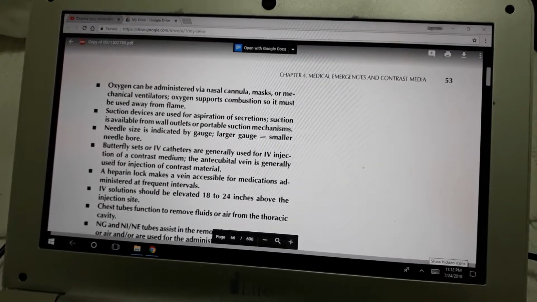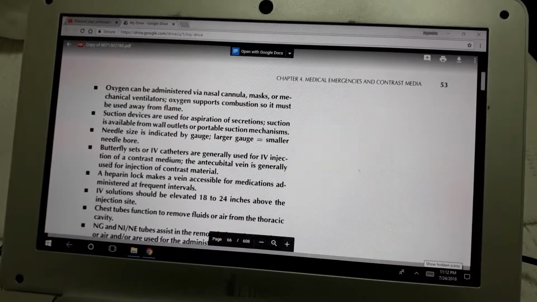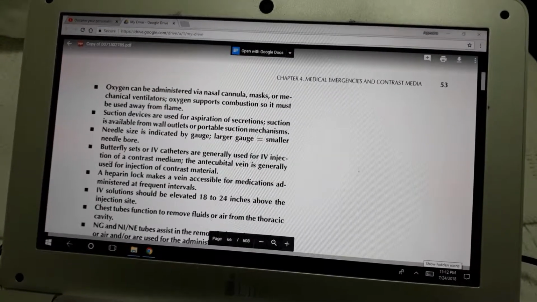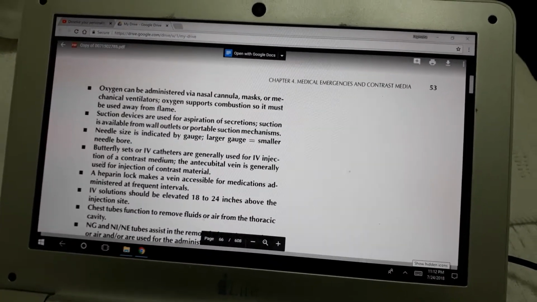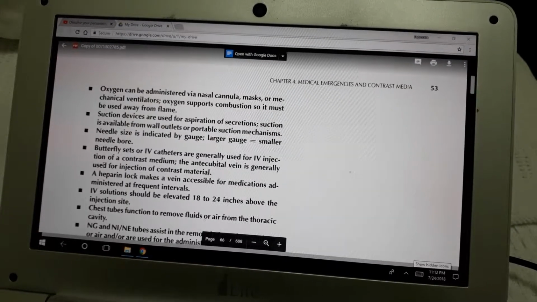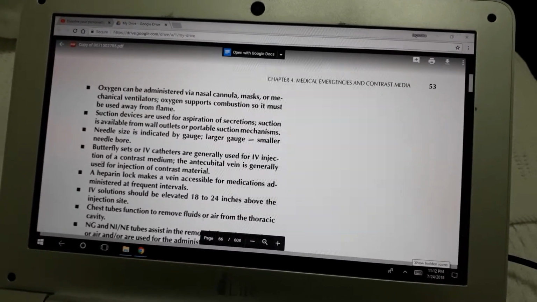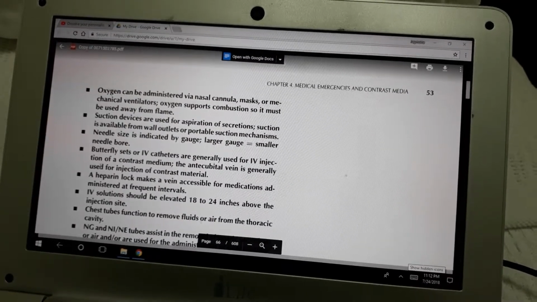Oxygen can be administered by nasal cannula, mask, or medical ventilator. Oxygen supports combustion, so it must always be kept away from flame.